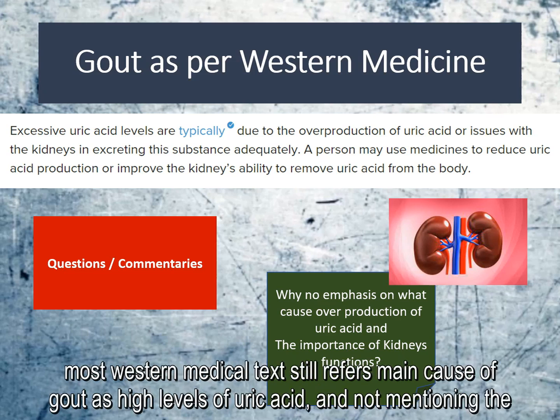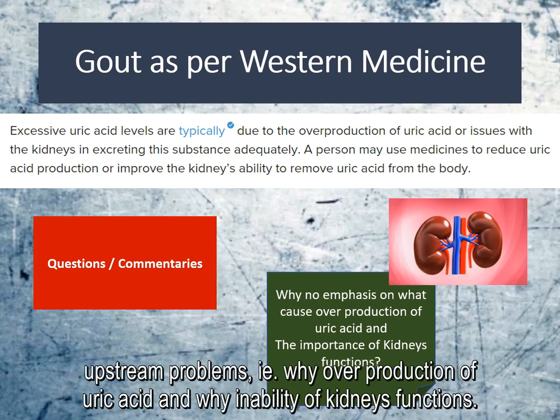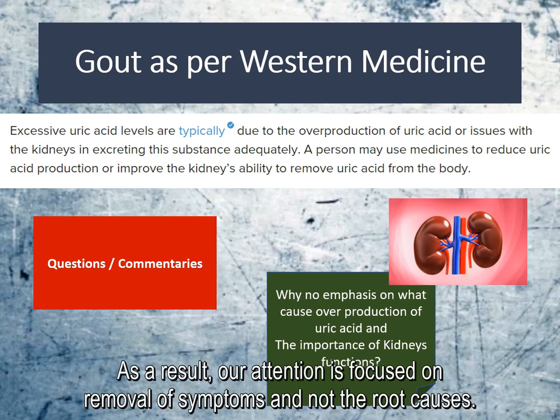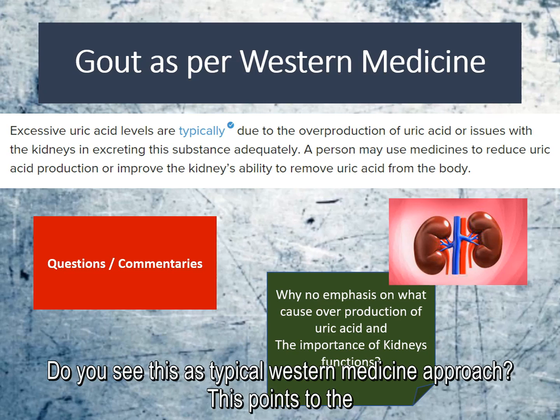Most Western medical texts still refer to the main cause of gout as a high level of uric acid, not mentioning the upstream problem: why the overproduction and why the inability of kidney function. As a result, our attention is focused on removal of symptoms and not the root causes. Do you see this as the typical Western medicine approach?